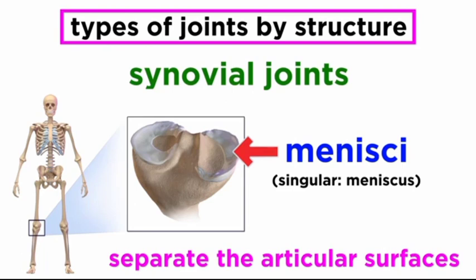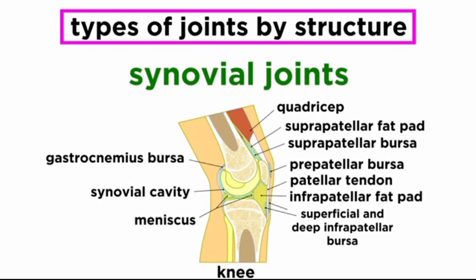These are also known as menisci. Closely associated with synovial joints are often bursae, flattened fibrous sacs containing synovial fluid, as well as tendon sheaths, which are similar but much longer and wrap around a tendon. These serve to lubricate certain surfaces and reduce friction between adjacent structures.